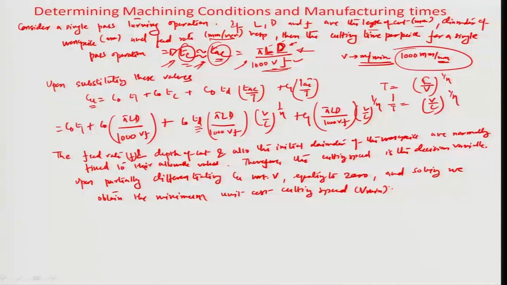So, let us now do this by substituting dCu by dV equal to 0 and see what the implication is, and what final form of the equation emerges.